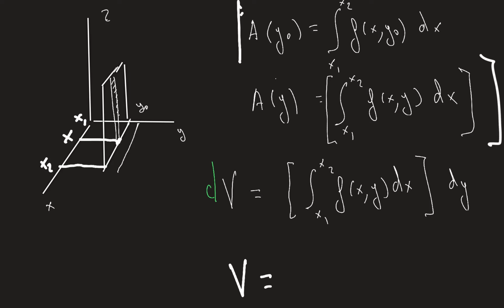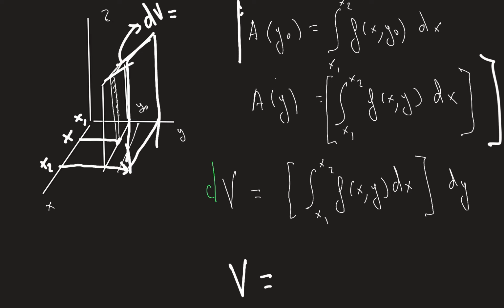Now I need to perform an integral. I need to find the volume. So let's say that now the function is doing like this. I need to find this small volume that is here, dV. It is the area A of y, the area that exists at the position y, multiplied by dy.